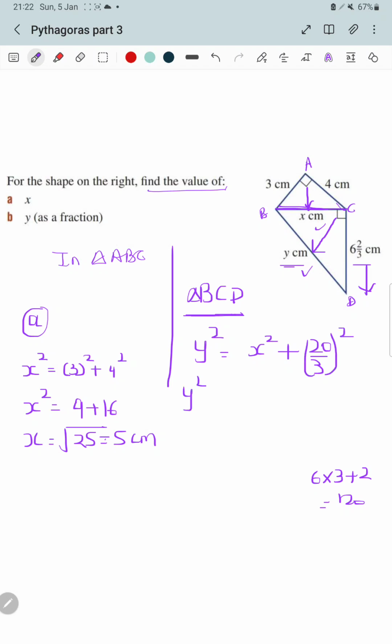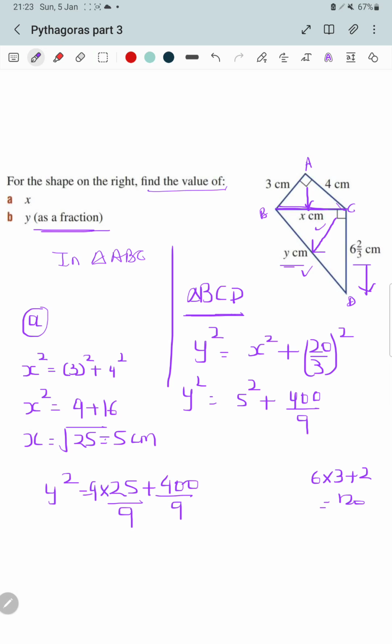Now we know that x is 5, so 5 squared plus 400 divided by 9, and from here y squared is equal to 25 plus 400 divided by 9. Now I have to add them, and because they said the answer should be in fractions, there is no need of using a calculator here. Make the denominators equal, so times by 9 here and divide by 9.